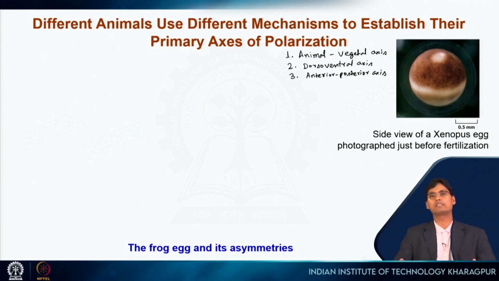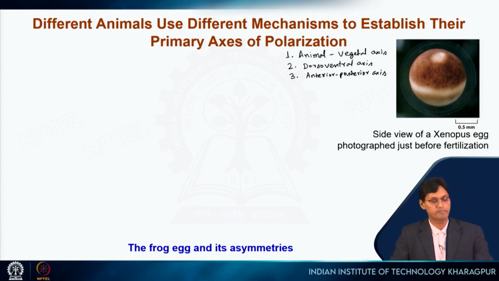Dorsoventral you understand from the name itself: dorsal is the back side, and ventral is the front side. For example, in humans, the front side is the ventral part and the dorsal is the back side. The third one is the anterior posterior axis, the head and tail part. These 3 major axes should be established during the early stage of development itself.